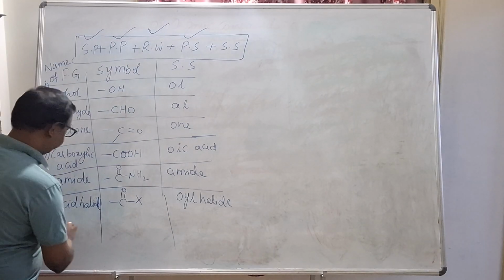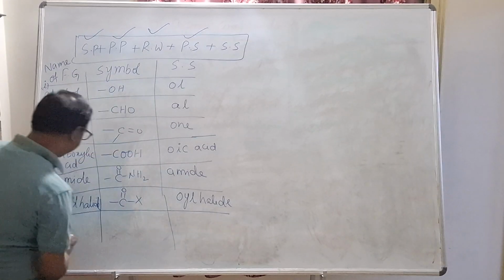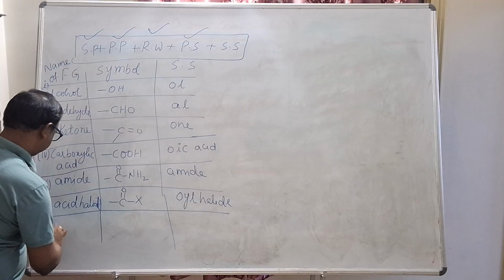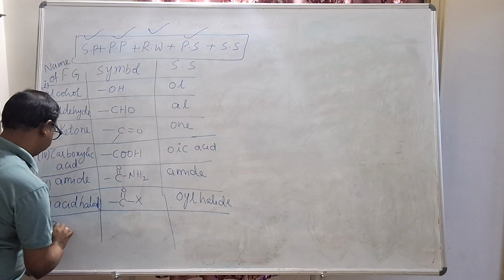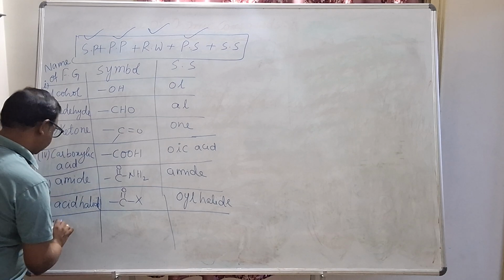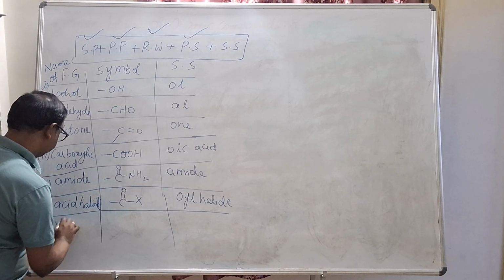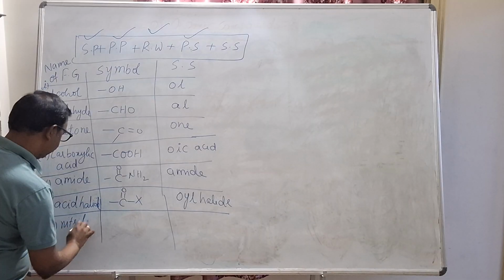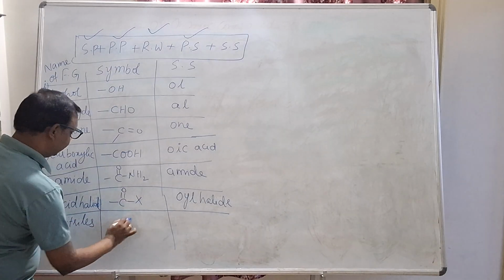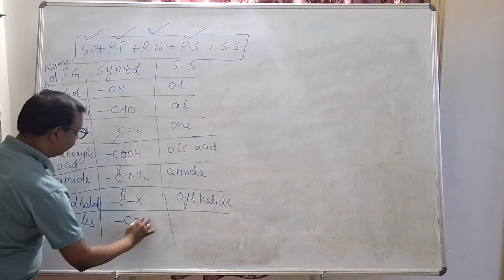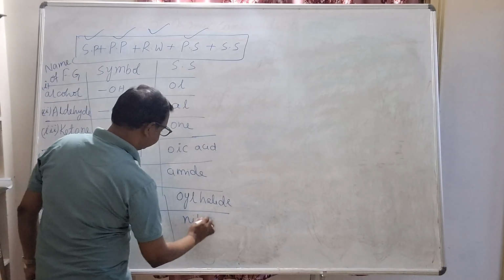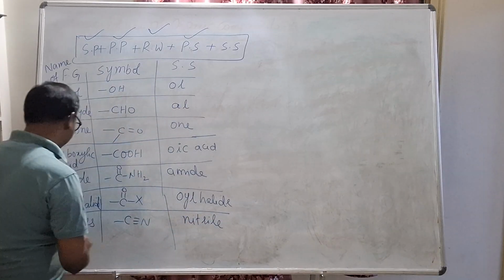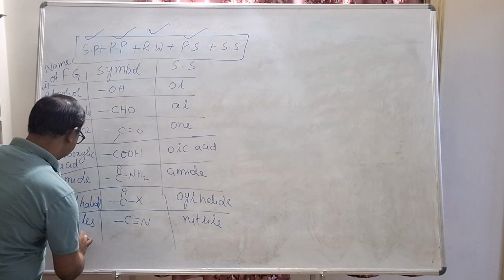The seventh one is nitrile. The group is C triple bond N, CN, and it is called nitrile. Cyanide also: we can say nitriles or cyanides.